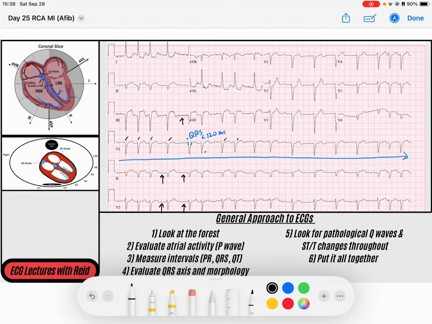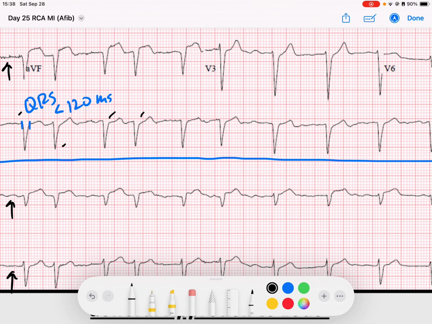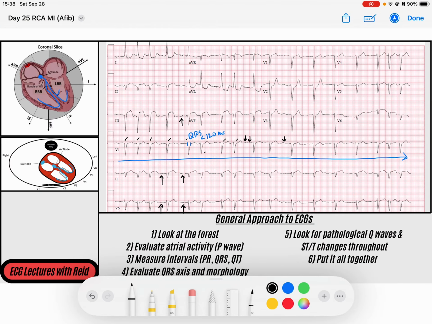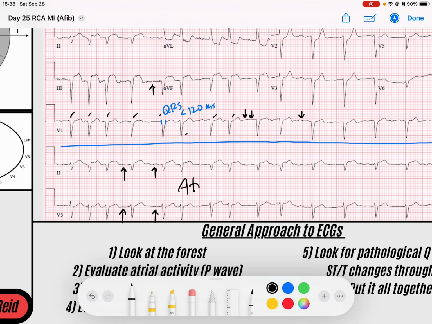And so notice that in the setting of no distinct atrial activity, in fact, maybe some baseline kind of signal within the atria, and in a rhythm that is quite irregular, but still narrow complex, that tells me that this is probably atrial fibrillation. So we've identified that this is atrial fibrillation.